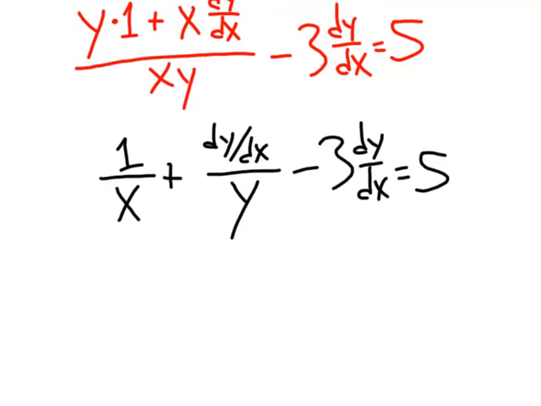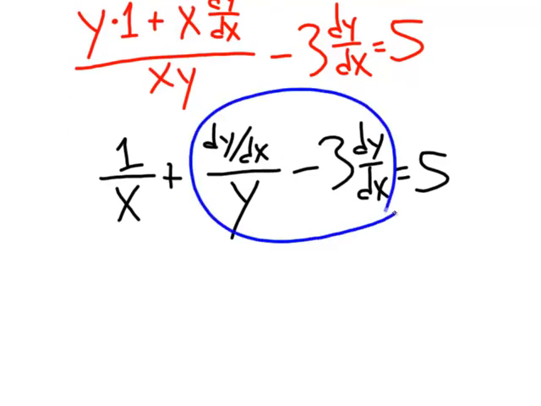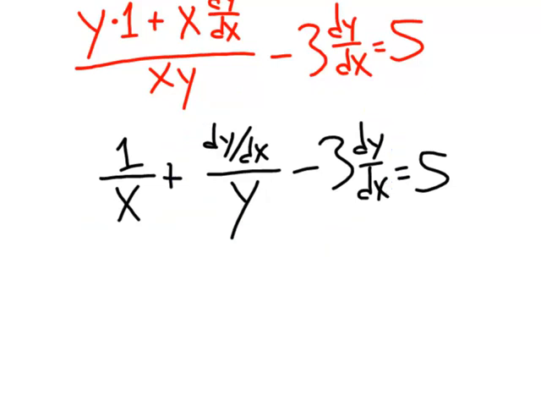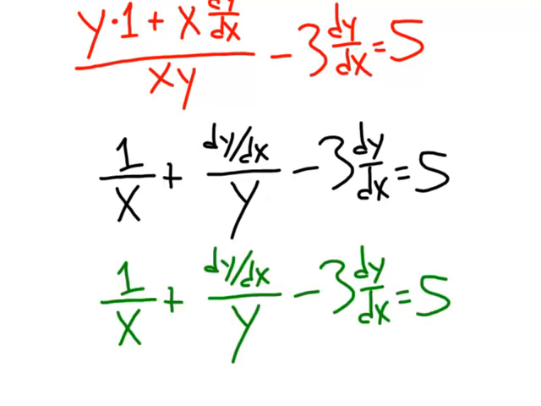And as far as that idea of factoring out a dy over dx, it looks like we're going to be able to do that with these two terms. We just need to move this over to the other side of the equation. So let's subtract the 1 over x over to the right side of the equation. All right, and now we're prepared to factor out the dy over dx.